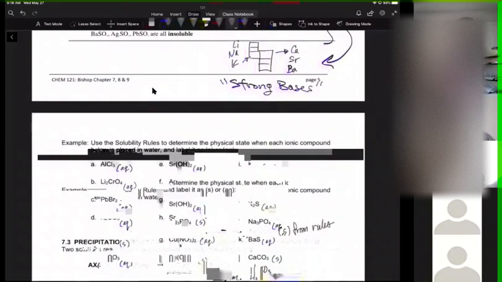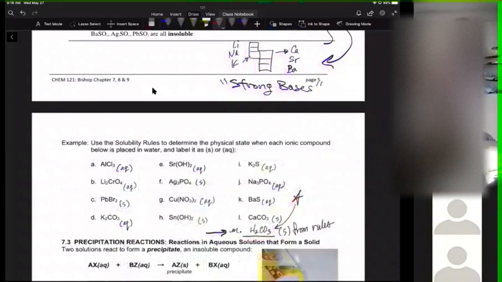What kind of a compound is that? Baking soda is NaHCO3. So this is sodium, and then we're going to name the HCO3 minus, that is hydrogen carbonate.